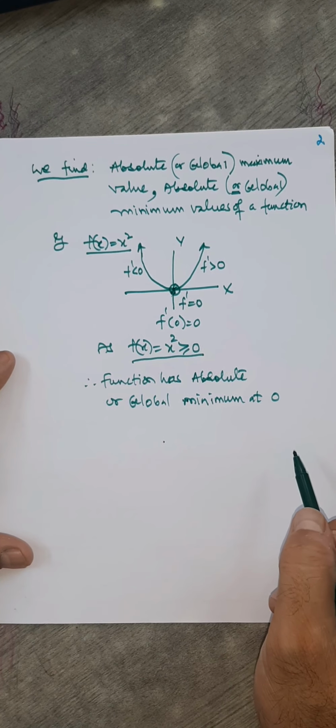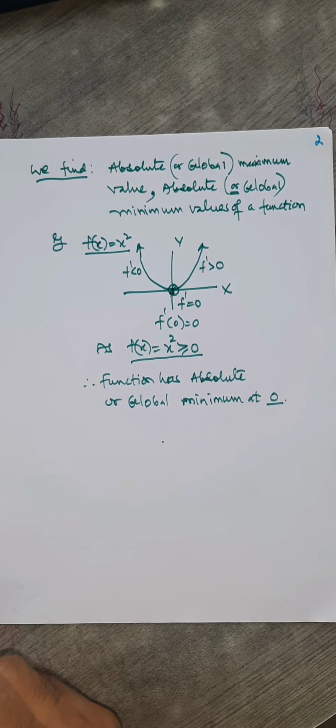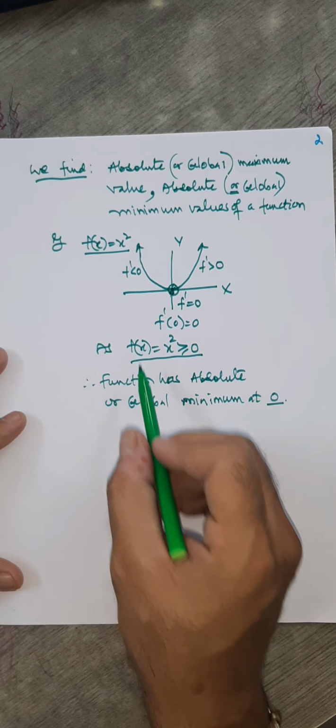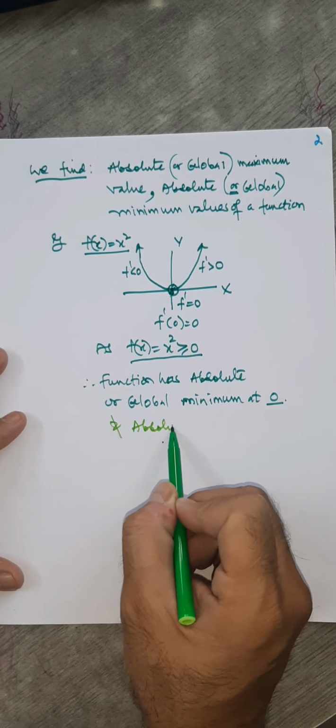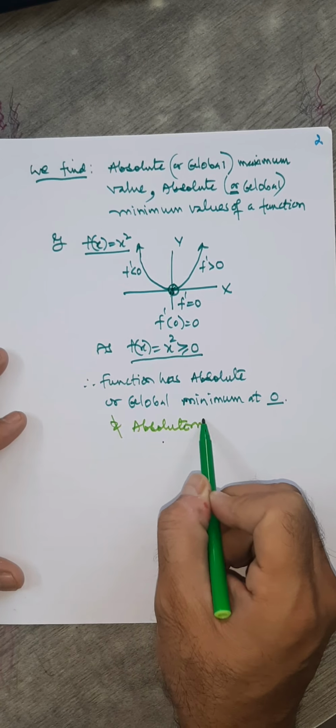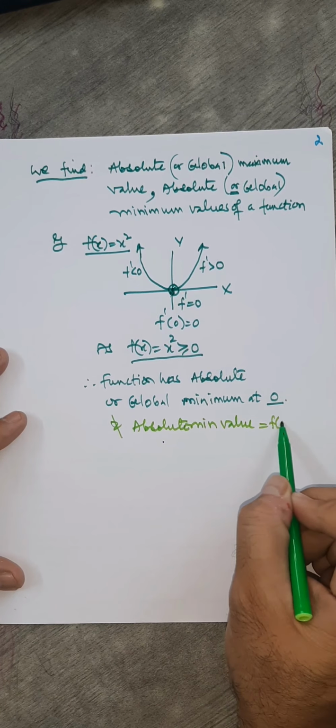Global minimum value at 0, over here 0. And what's that minimum value? Put x equals 0 in the function, and the absolute minimum value equals f of 0, which is 0.